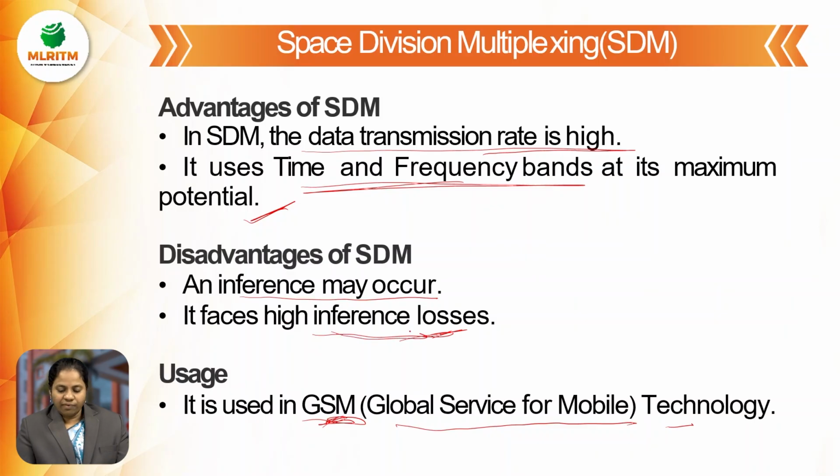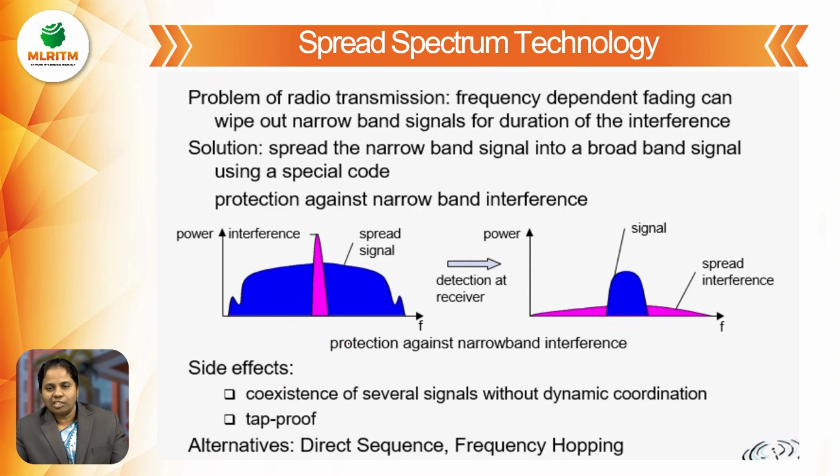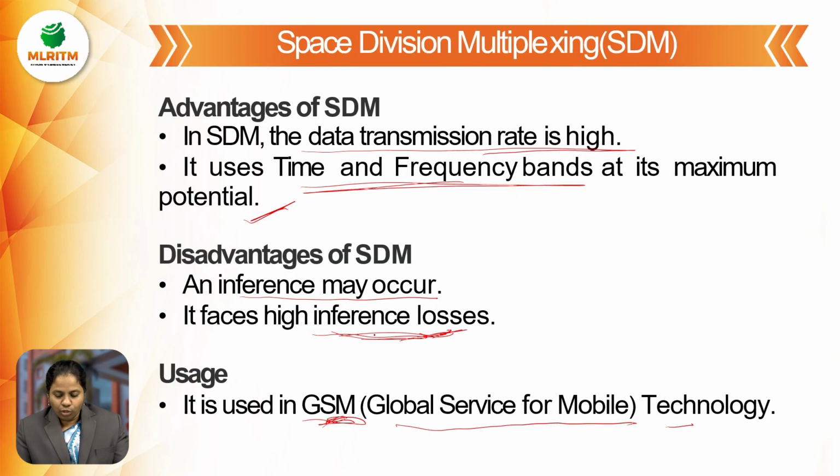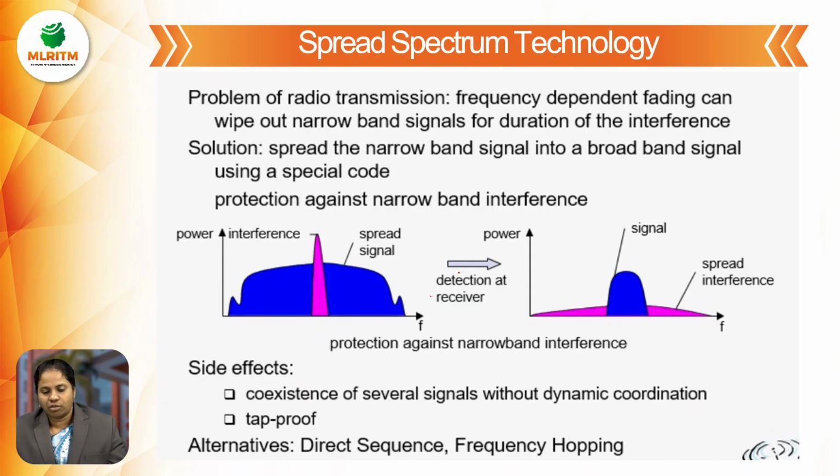Because these interference and losses occur, spread spectrum technology came into existence. In space division multiplexing there is a possibility of interference, and spread spectrum technology is the solution for this interference and these losses.